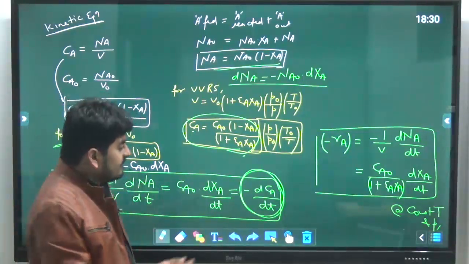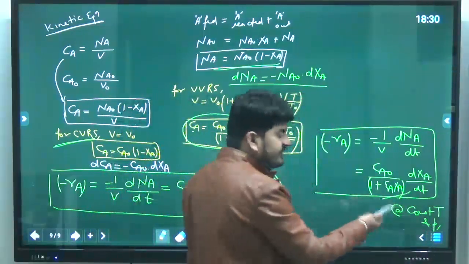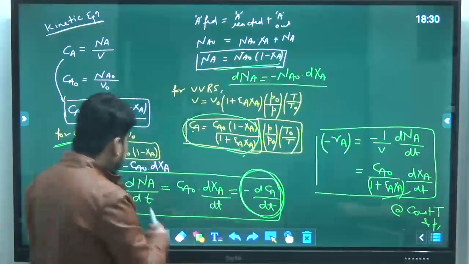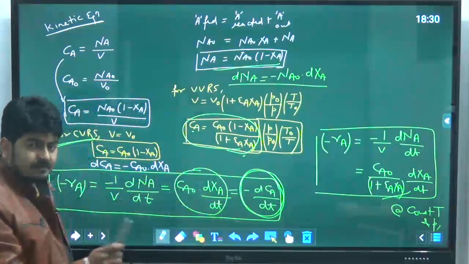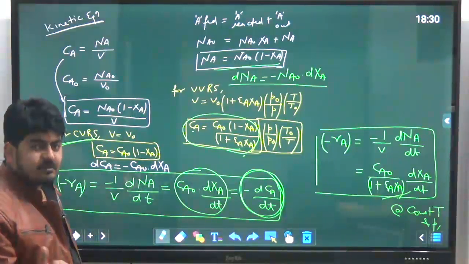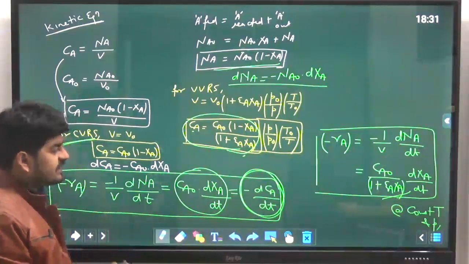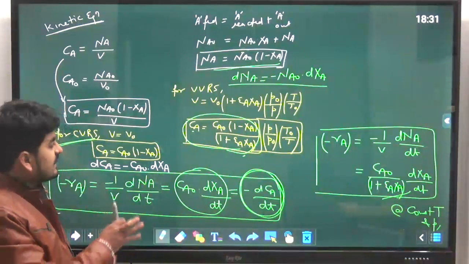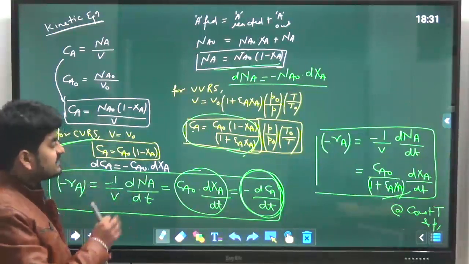While for variable volume reaction system, you don't have any choice, you have to solve it in terms of conversion only. For CVRS, although you can solve that in terms of conversion as well, I will suggest you go for concentration only, because it will require fewer steps. We will solve some numericals, so you will get to know. So this is the CVRS and VVRS part for the concentration.